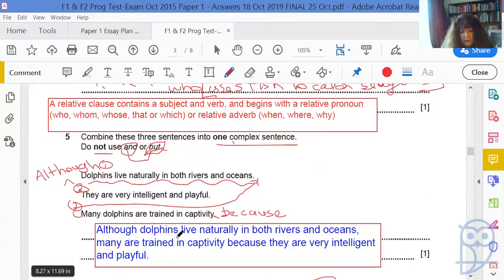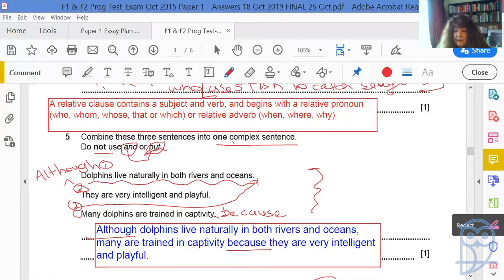Okay, we've joined it with: although dolphins live naturally, many are trained in captivity because they are. There's not only one answer to this. There can be several answers. It all depends which connector you would use. Okay, so the answer becomes subjective, and that means there can be several answers which are all correct.